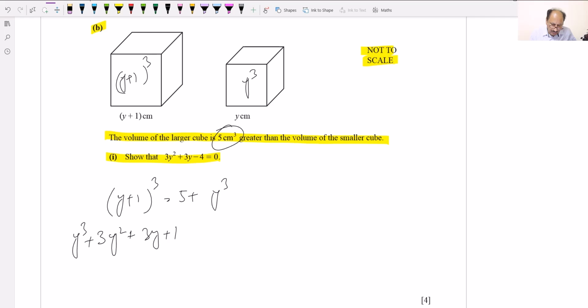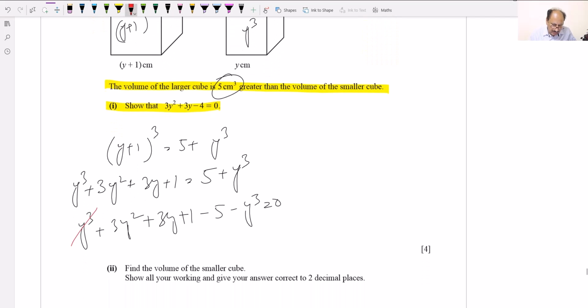After this we write is equal to 5 plus y cubed. Now we can shift these to the other side, so it will be y cubed plus 3y squared plus 3y plus 1 minus y cubed is equal to 0. Further we can cancel the plus and minus, and the remaining will be 3y squared plus 3y minus 4 is equal to 0, which is the same as we were supposed to find. So this is done for 4 marks.